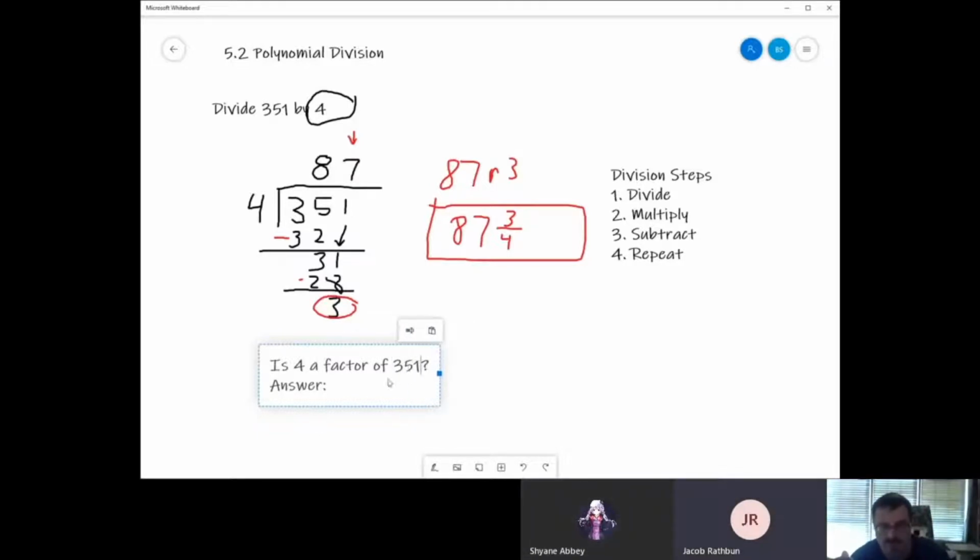Is it a factor of 351? No, because it doesn't zero out. No, because the remainder is not 0.